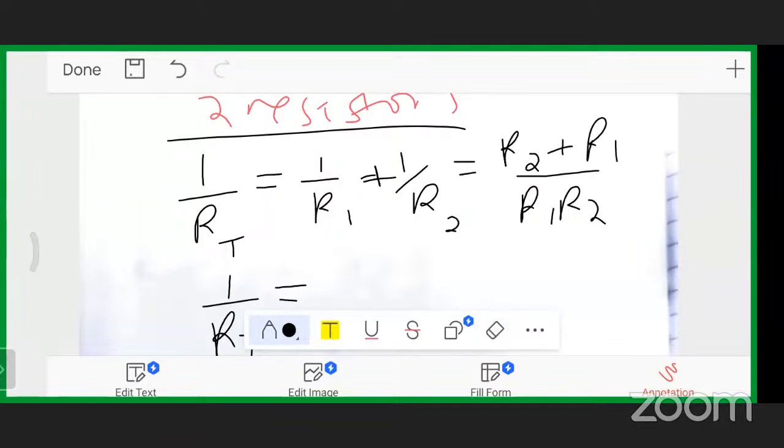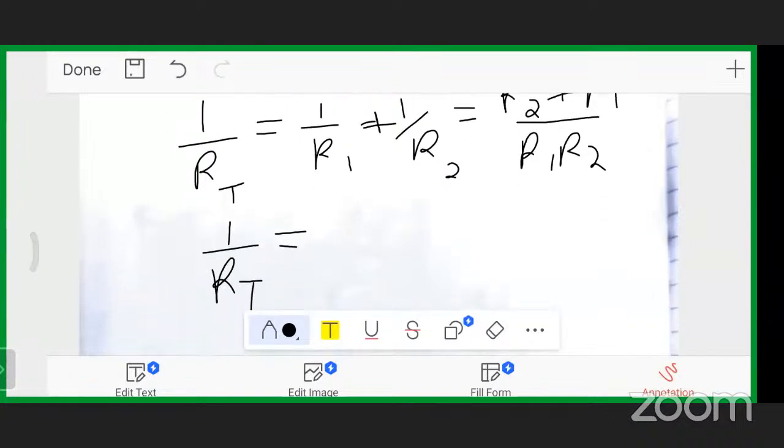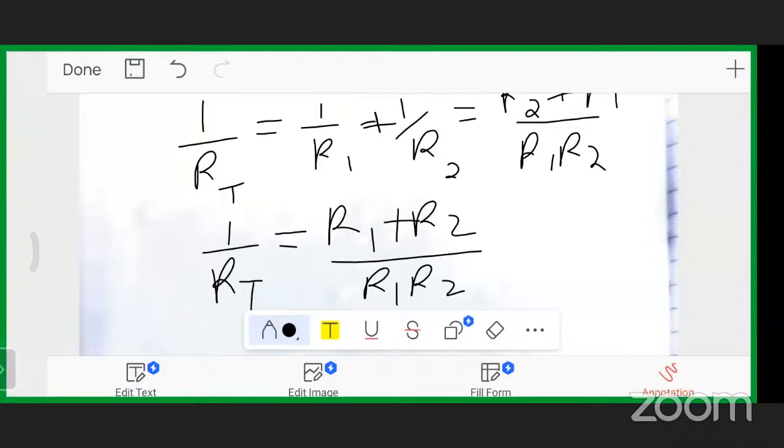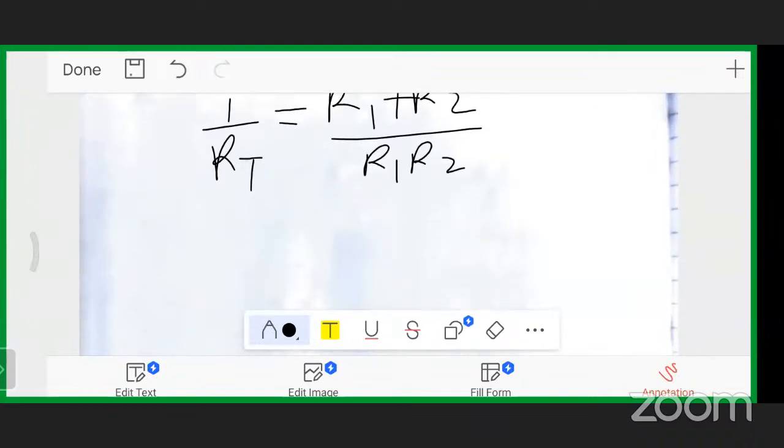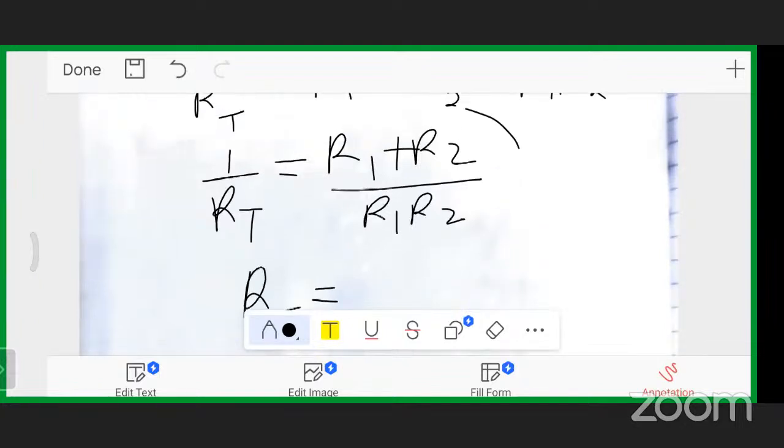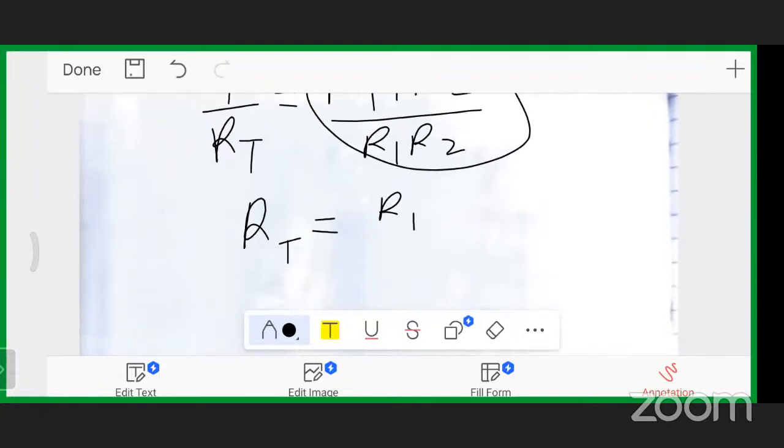You're allowed to rearrange that, since R2 plus R1 is the same as R1 plus R2, so it is R1 plus R2 divided by R1R2. From here, you can take reciprocals on both sides of the equation. So the reciprocal of 1 over RT is RT, equal to R1R2 over R1 plus R2.